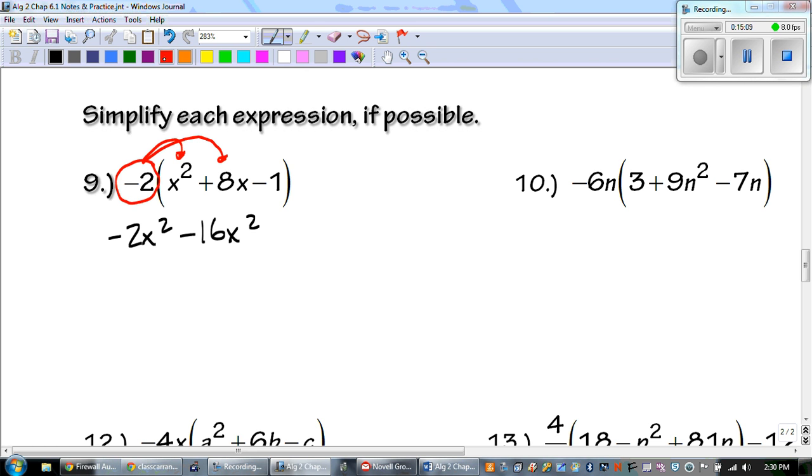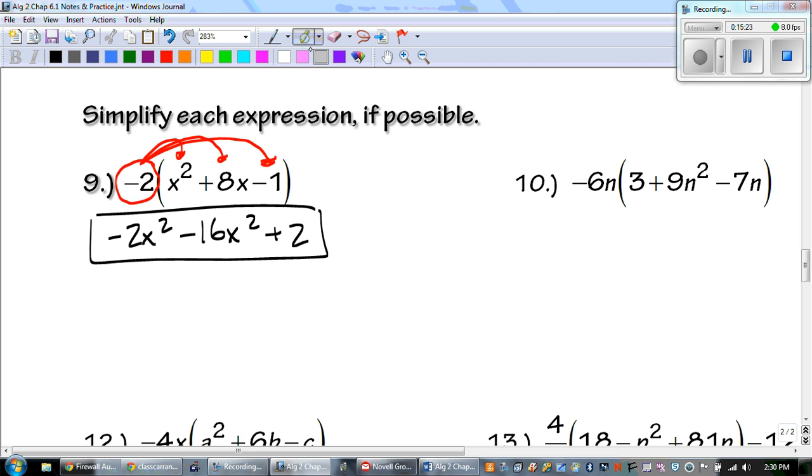And then negative 2 times negative 1, a negative times negative is a positive. Now, can I do anything with that? Nope. That's it. I always want to make sure that my final answer is in standard form.